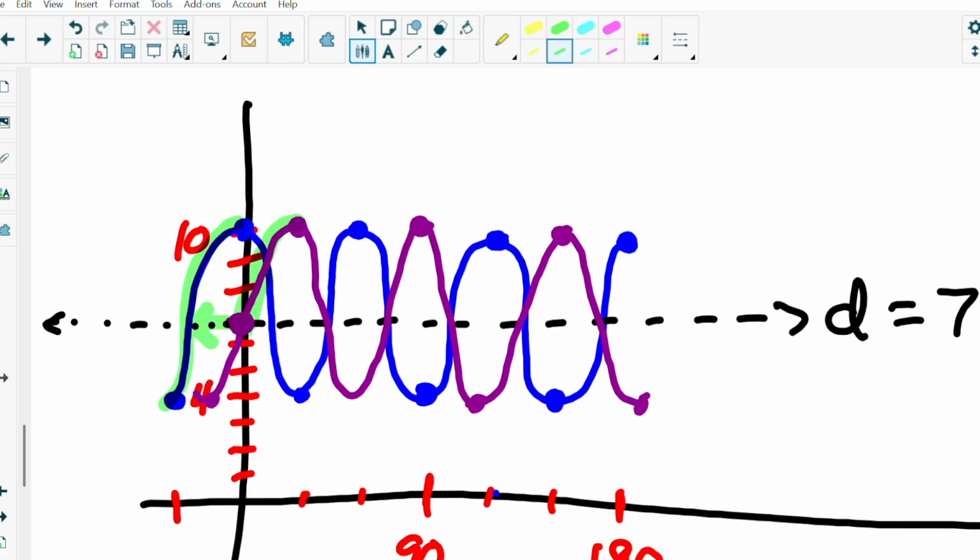And what is that phase shift? Okay, and that phase shift is going to be 15 degrees, right?